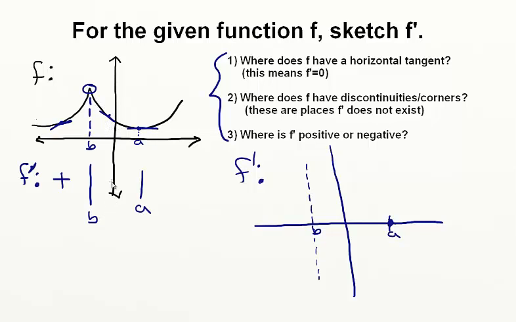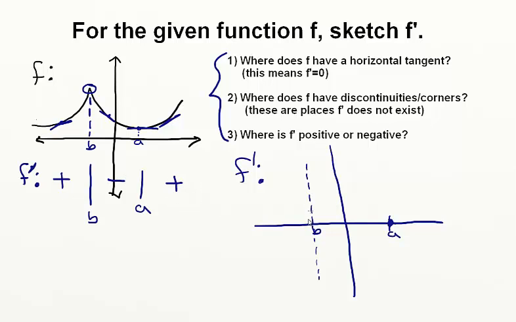So between B and A, we have a negative derivative. Then to the right of A, drawing a little representative tangent line, we're going to see that that has a positive slope. So to the right of A, the derivative is positive. So you have positive, negative, positive.